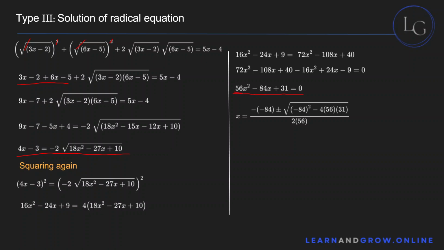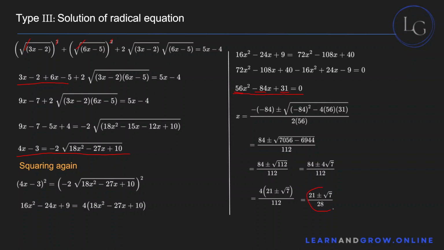This 56 is A, this minus 84 is B, and this 31 is C. So after putting it in the quadratic formula and doing all the calculations, you get two solutions here.